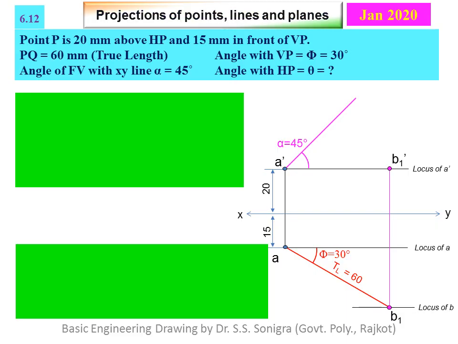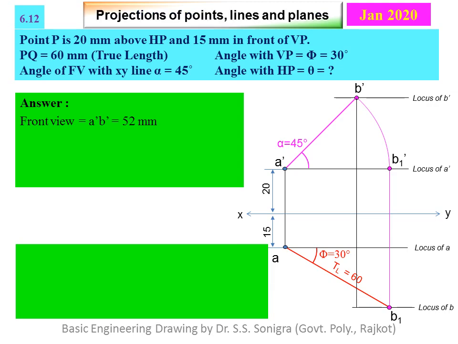So for that, take A dash as a center, A dash B1 dash as a radius, draw an arc that will cut this 45 degree line at one point, that is point B dash. From point B dash measure this length A dash B dash, that is front view, that is equal to 52 mm. Then draw locus of point B dash like this, that is horizontal line from point B dash.